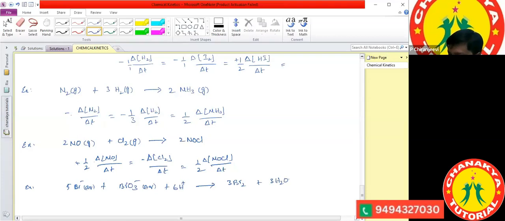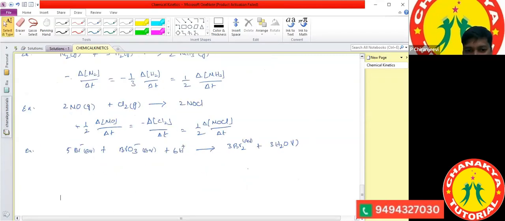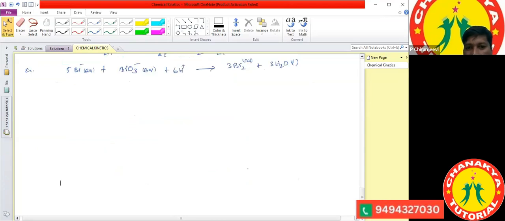So write the rate expression. This is the previous JEE question.